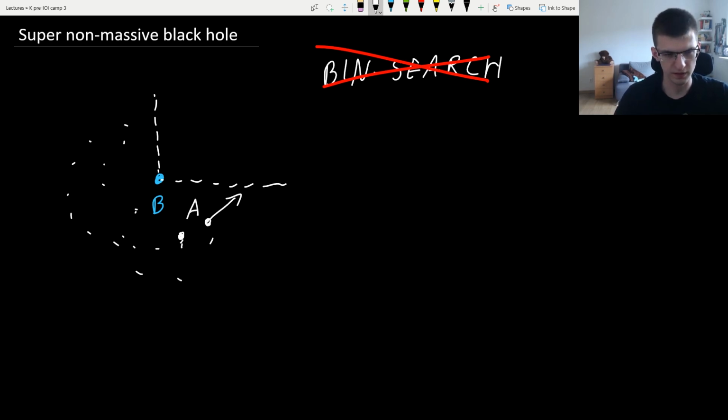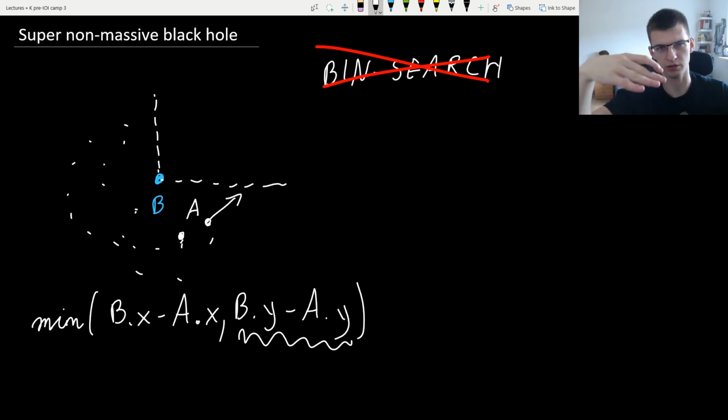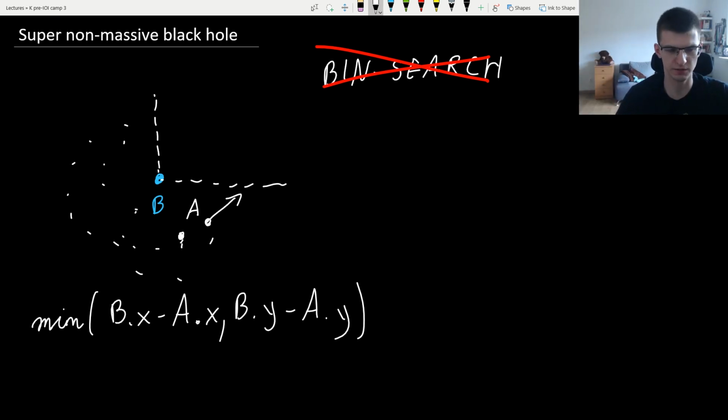For this point A, the value by which I need to shift A is min of b dot x minus a dot x and b dot y minus a dot y. This is the value by which I need to shift to make A to be at least on the level of B or above. The other is the same for X.